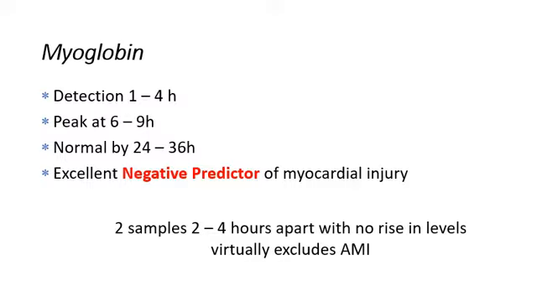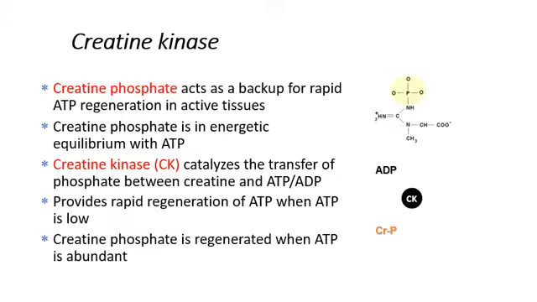So, by this means, a negative result from myoglobin will be excellent to rule out myocardial infarction. If two samples are presented to us, 2 to 4 hours apart, with no rise in myoglobin, this will exclude myocardial infarction.